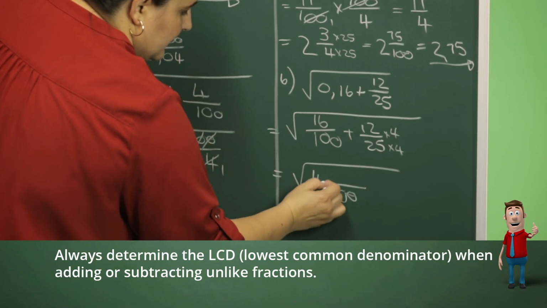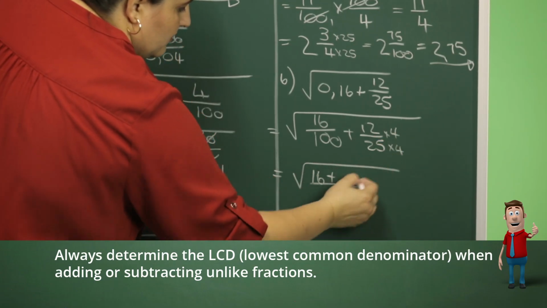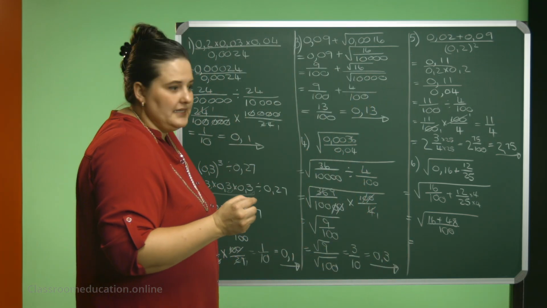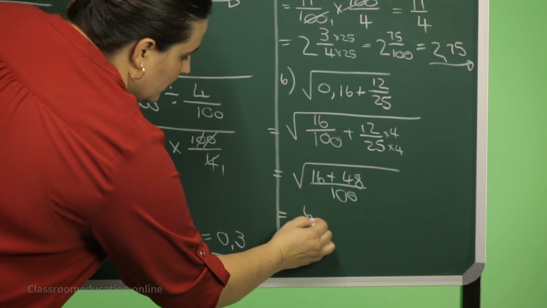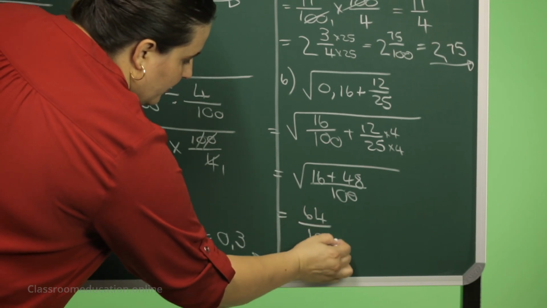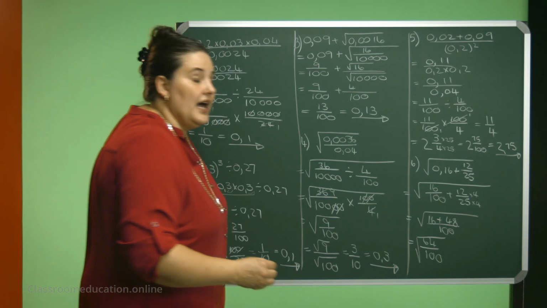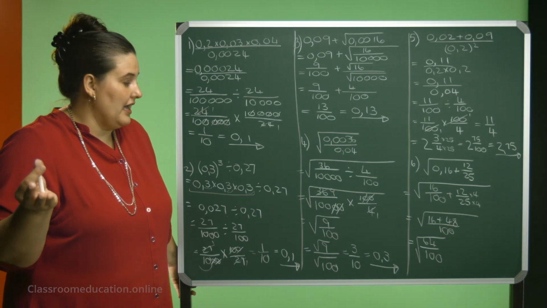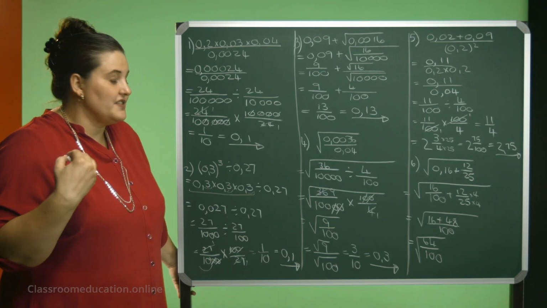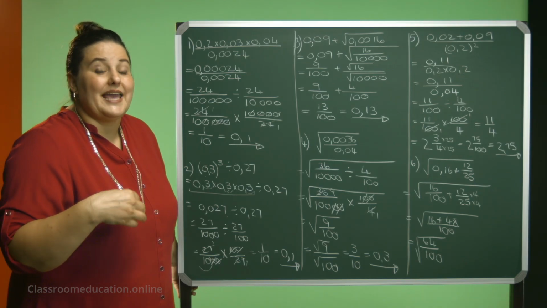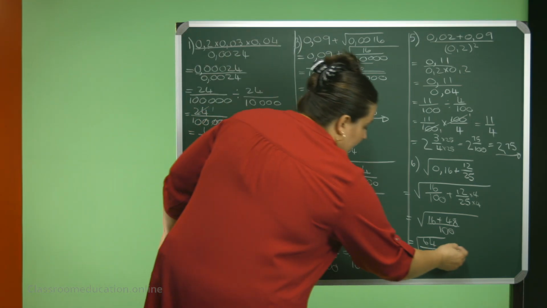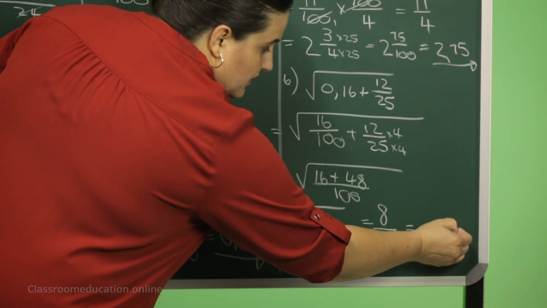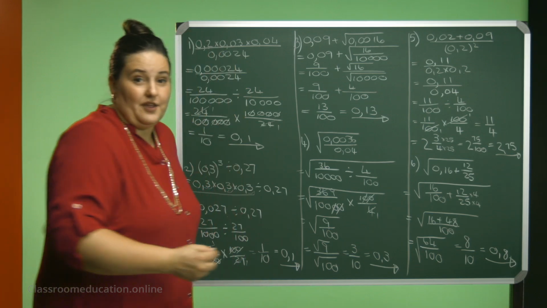So I have 16 plus 12 times 4 is 48. And 16 plus 48 is actually 64. So I want the square root of 64 hundredths. And I do hope that by now you understand that square root of 64 hundredths will be 8 divided by 10. 8 tenths. Once you have it like that, you just put it as a decimal value.